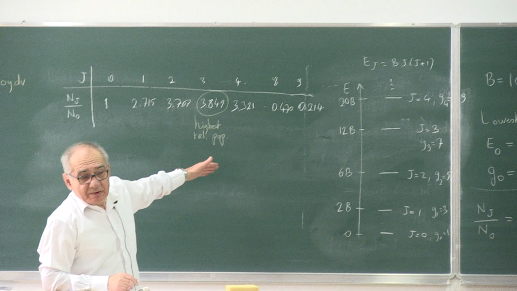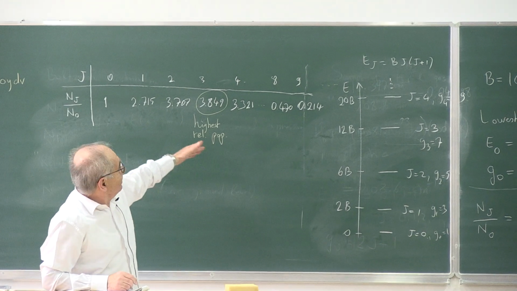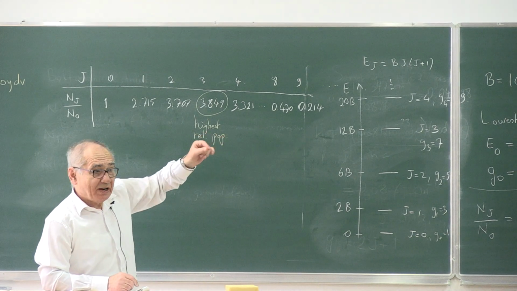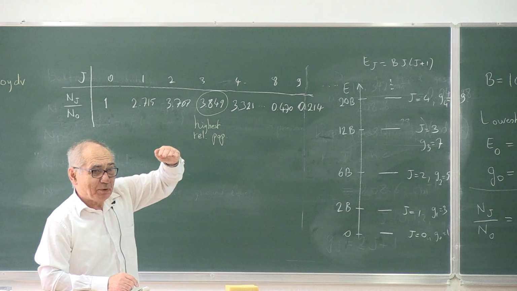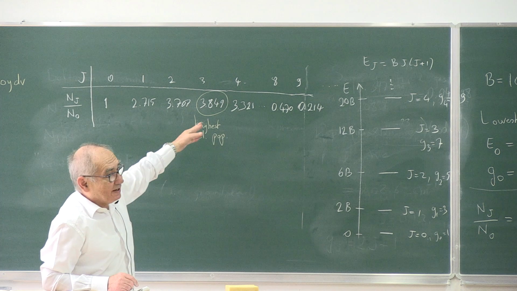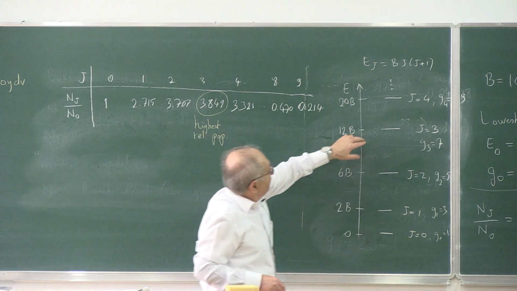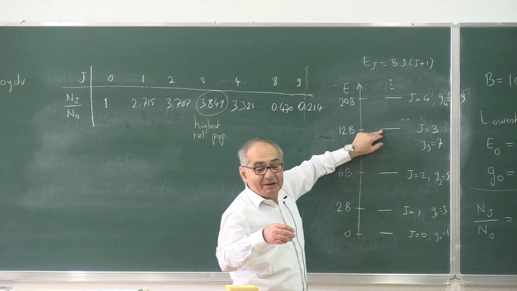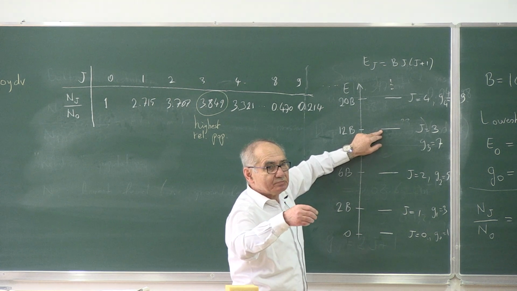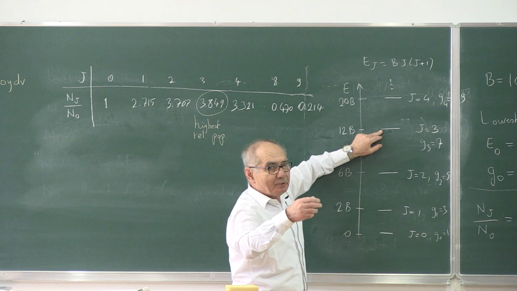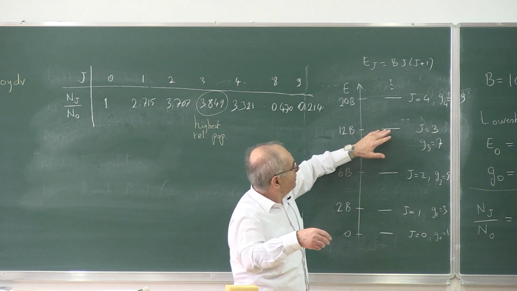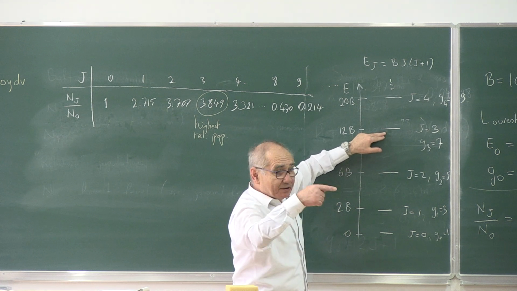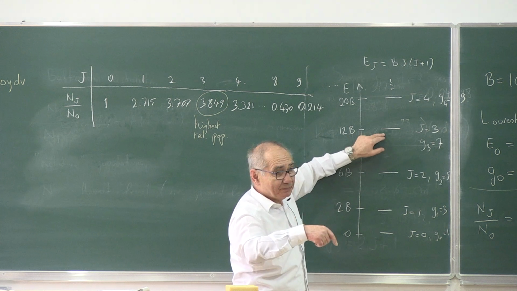And at J equals 3, the relative population is highest. In other words, this level has the highest population. The maximum number of molecules in this sample at 300 Kelvin are in this level.